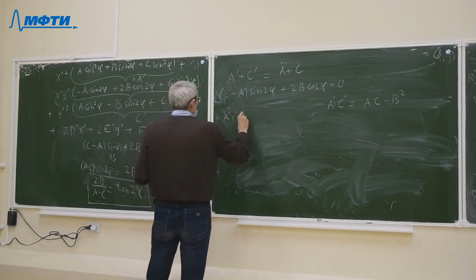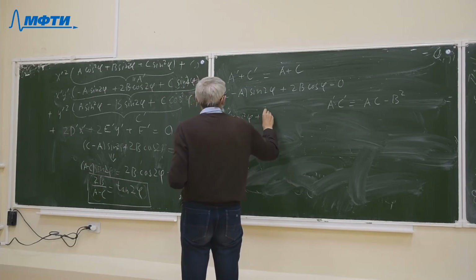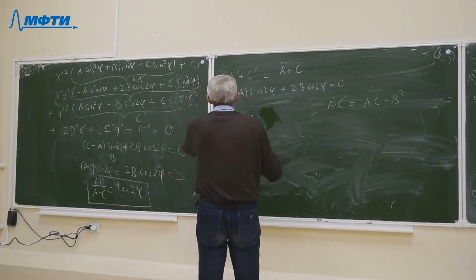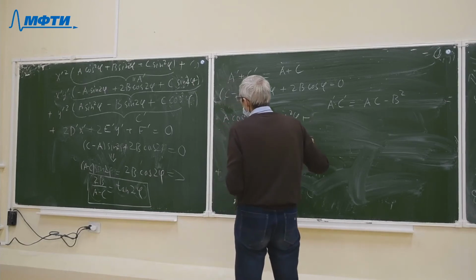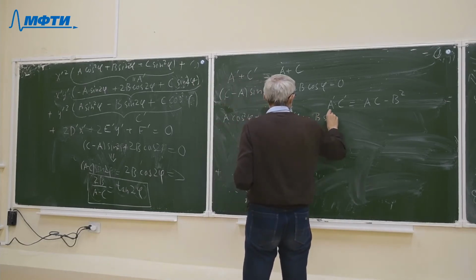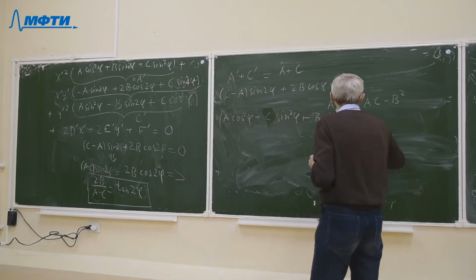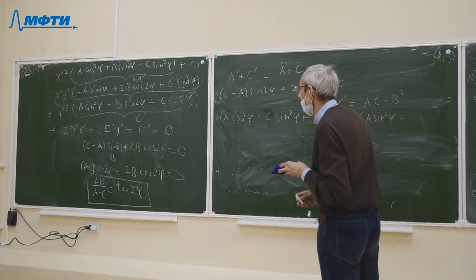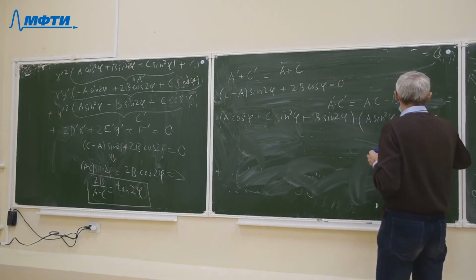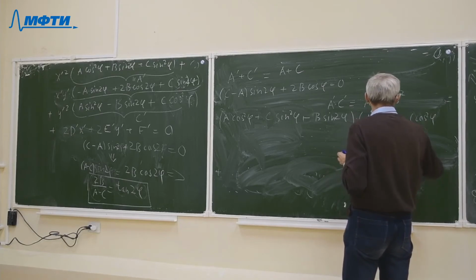A prime cosine square phi plus B plus plus C sine square phi plus B sine 2 phi multiply A sine square phi minus plus C cosine square phi minus B sine 2 phi.